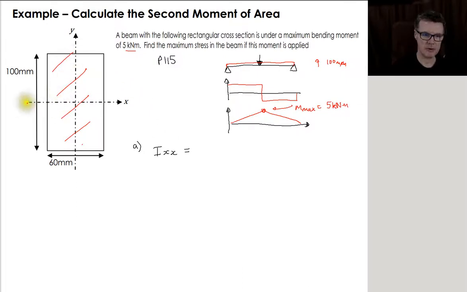This is referring to this axis, the XX axis. So we are imagining that this is my neutral axis, that my load is coming from above, and it's causing the beam to bend. So this is my depth, and this is my breadth.